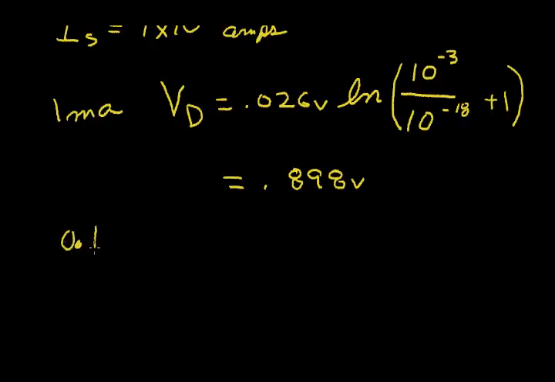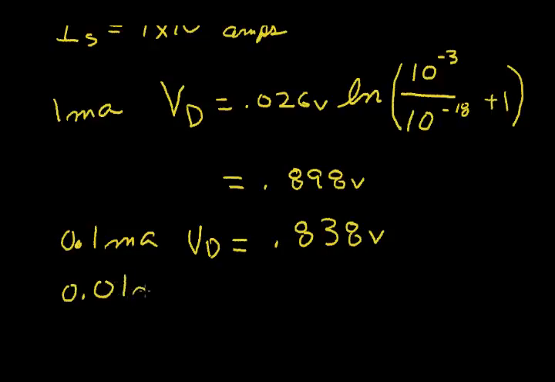0.1 milliamp. Now if we do that, we get a V sub d equal to 0.838 volts. Now let's make the current 10 times smaller and solve this equation again. 0.01 milliamps.